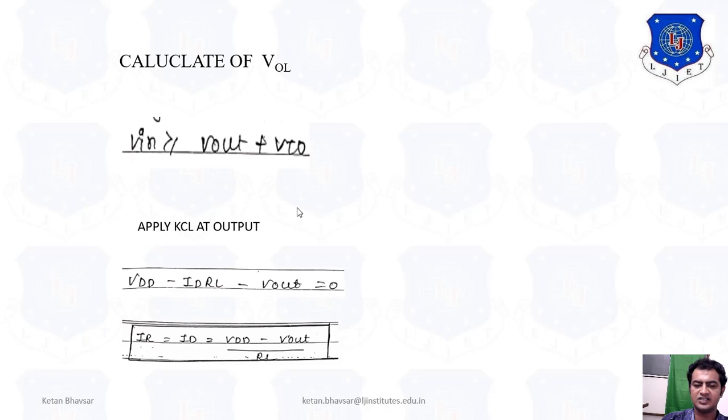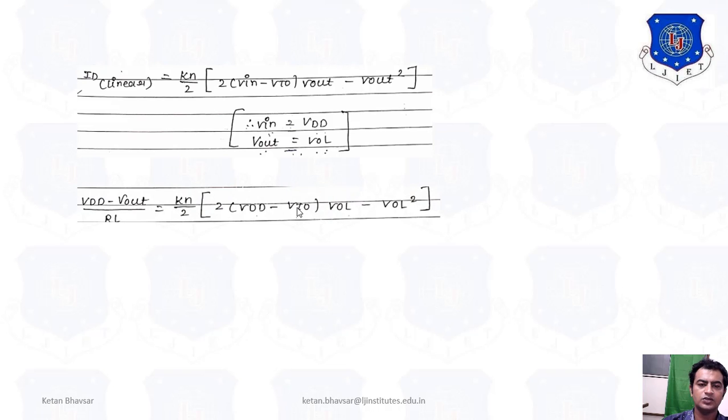For ID in linear we have Kn by 2, where Kn is equal to mu n Cox W by L, times 2 into Vin minus VTO into Vout minus Vout square. Here we put Vin equal to VDD and Vout equal to VOL, and we have ID equal to VDD minus Vout divided by RL.